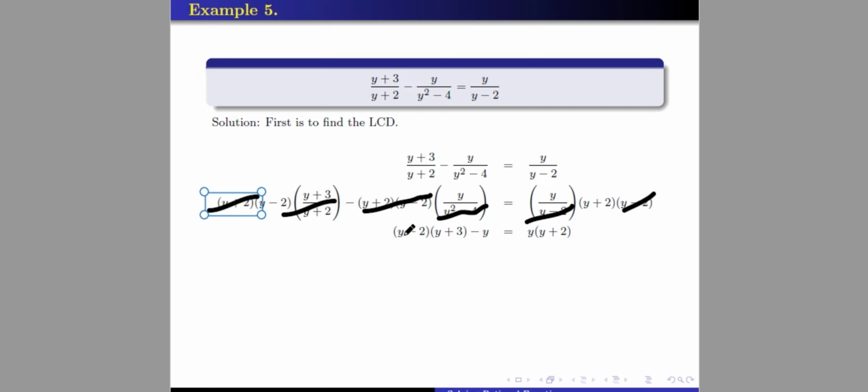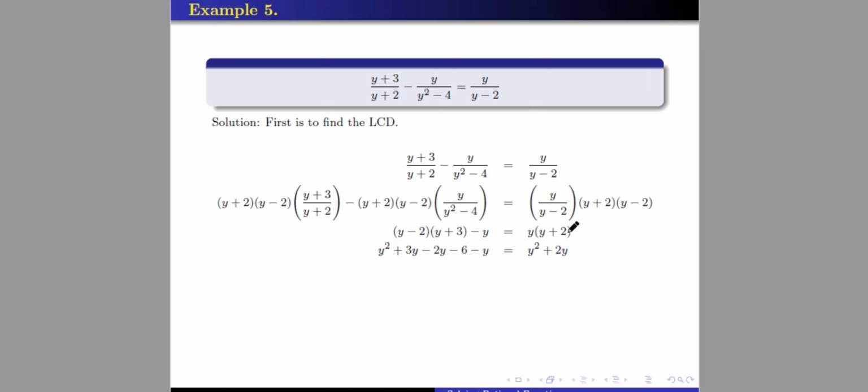Now you can use FOIL method here. So we have y times y is y squared, y times positive 3y, negative 2 times y, negative 2y, negative 2 times positive 3 is negative 6. And then copy negative y. Then on the right hand side, you can distribute y, so y times y is y squared, y times 2 is 2y.